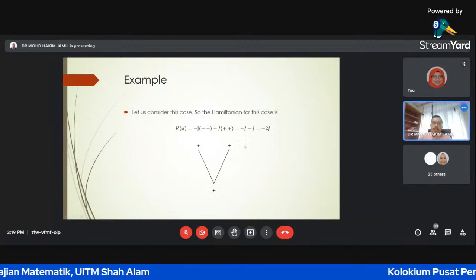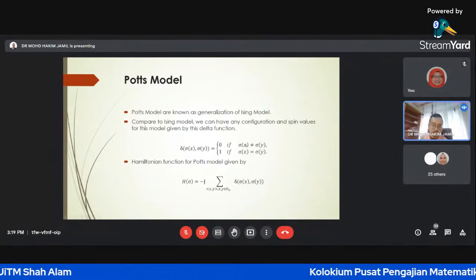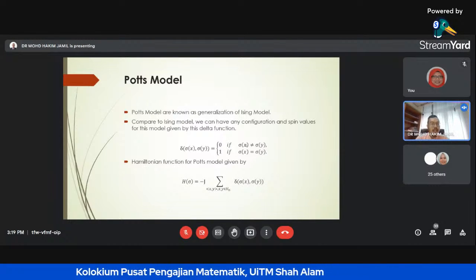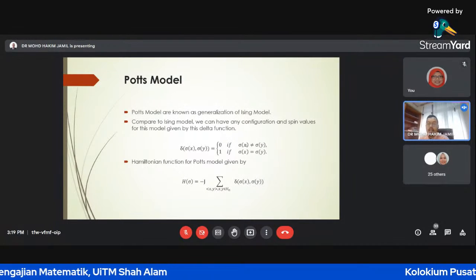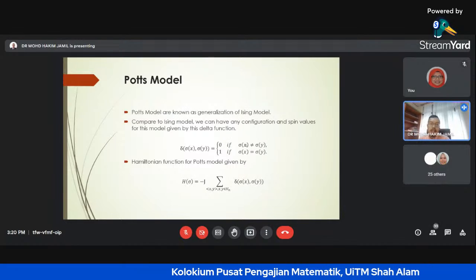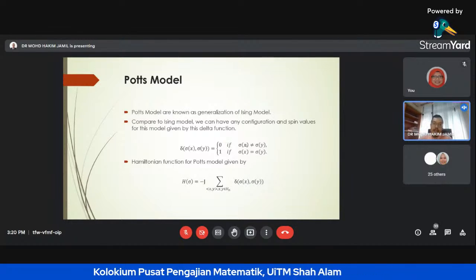Okay. Then we have the Potts model. The Potts model is known as a generalization of the Ising model. Compared to the Ising model, we can have any configurations and spin values for this model, given by this delta function.